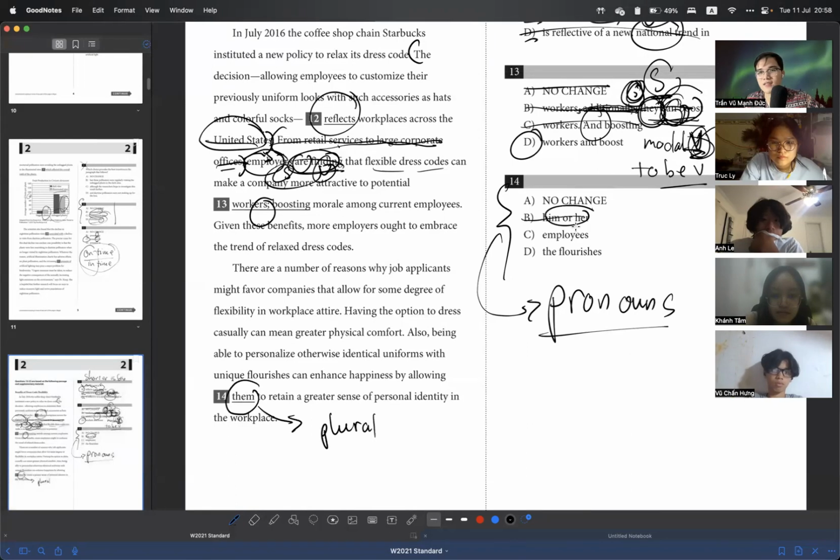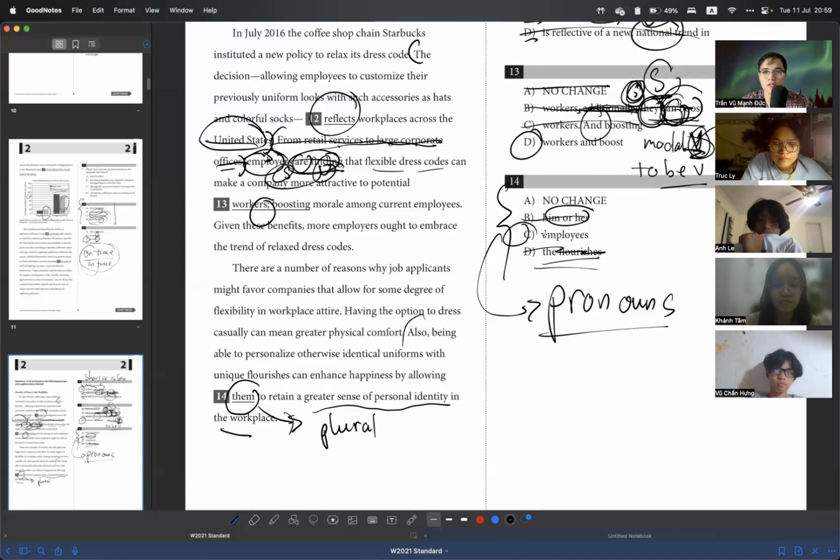That's just the mindset of test givers. Well, and employees, the flourishes. Can flourish retain a greater sense of personality, personal identity? Can flourish do this? No, it can't, right? So the flourish is wrong. And employees is the only thing that is suitable and doesn't make it sound repetitive, because there are no employees mentioned before, so this is correct.